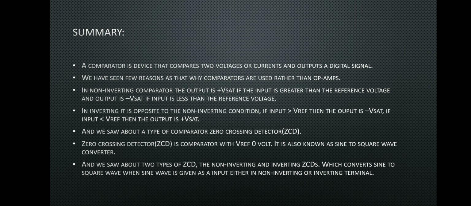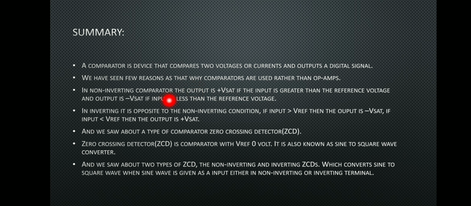Summary. Let me explain a short summary of the whole PPT. A comparator is a device that compares two voltages or currents and outputs a digital signal. We have seen a few reasons why comparators are used rather than op amps.